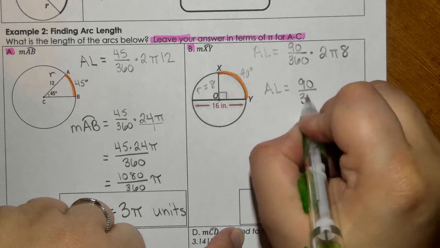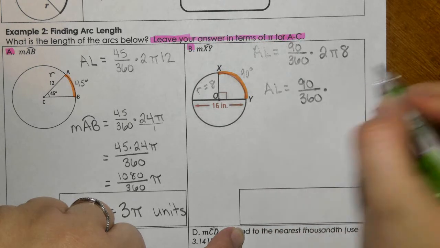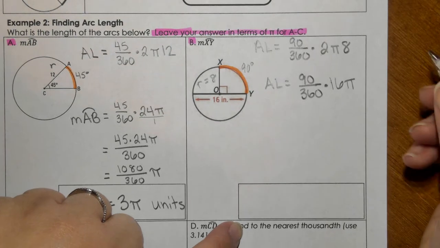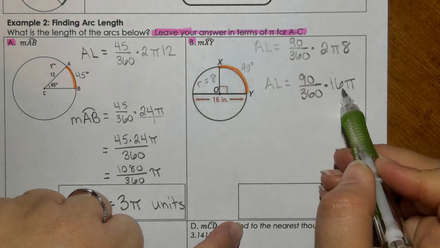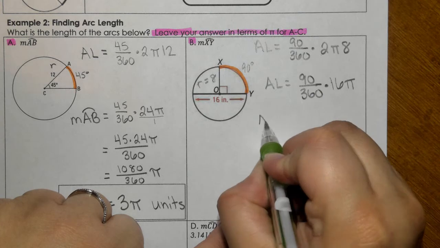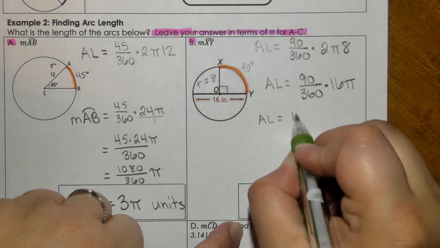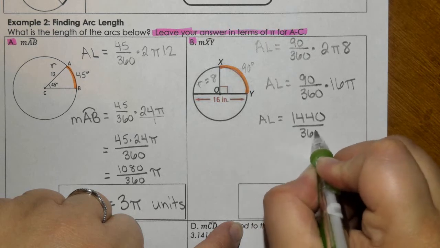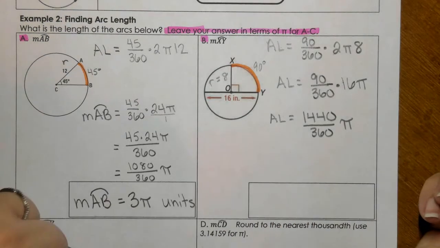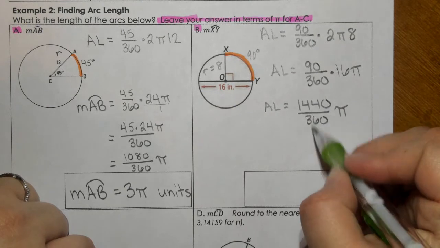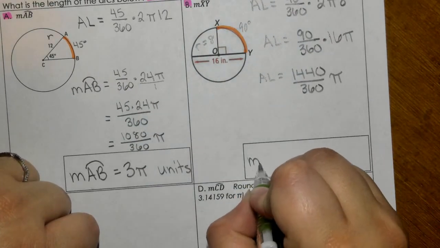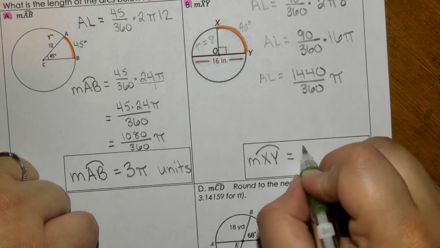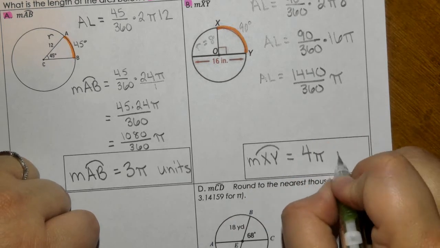So 90 over 360 times 2 times 8 is 16 pi. The next step, you're taking 90 times 16 and getting 1440 divided by 360 times pi. We divide this and we get that the measure of arc XY is 4 pi inches.